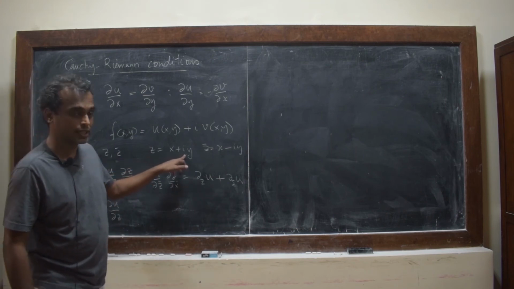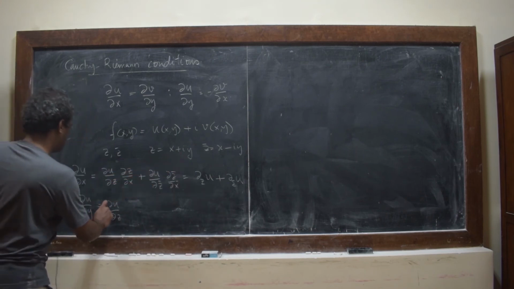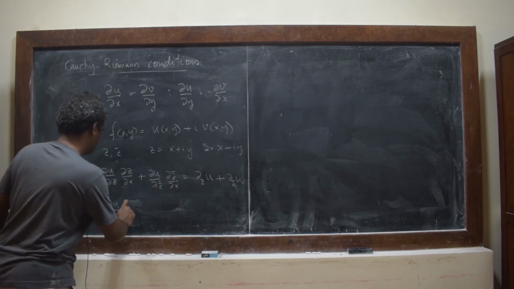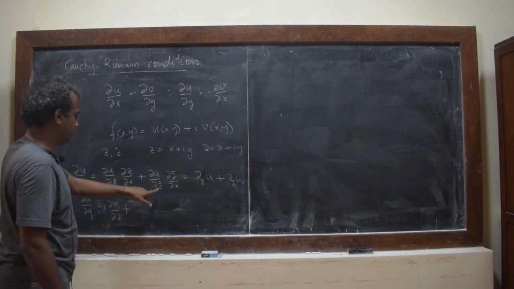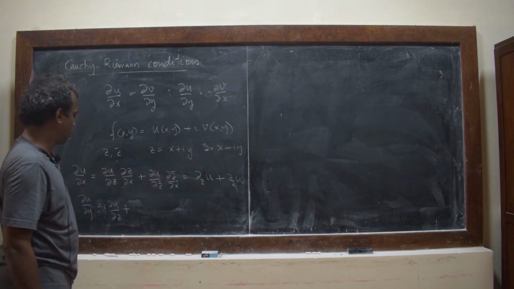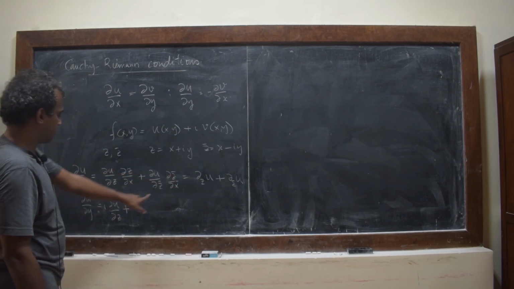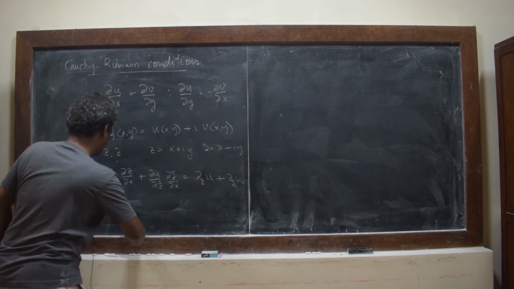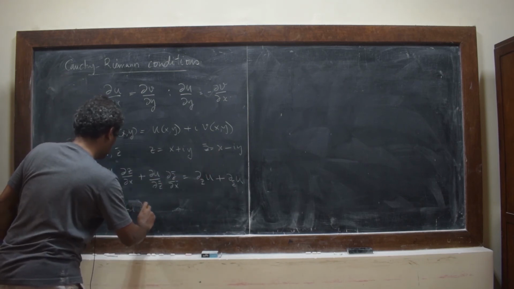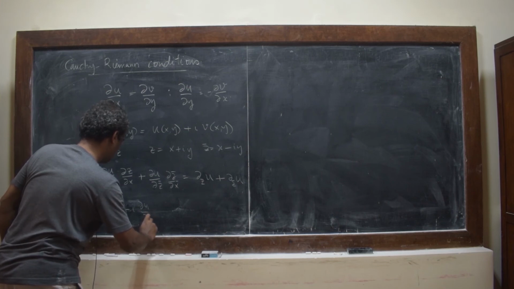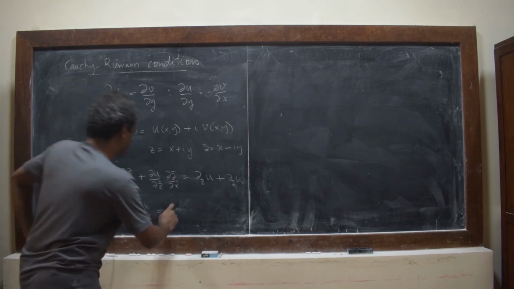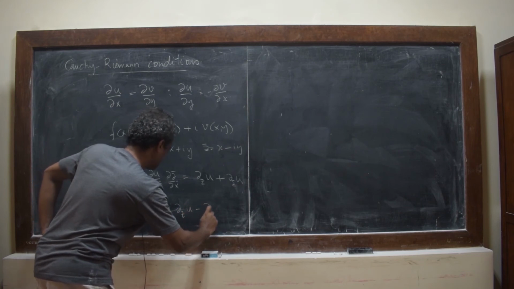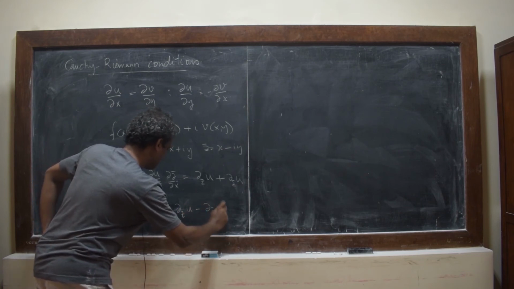Del z by del y gives me I, plus del u by del z bar into del z bar by del y. Del z bar by del y gives me minus I. That overall gives me I into del z u minus del z bar u.